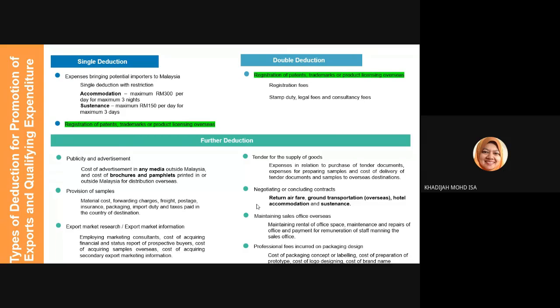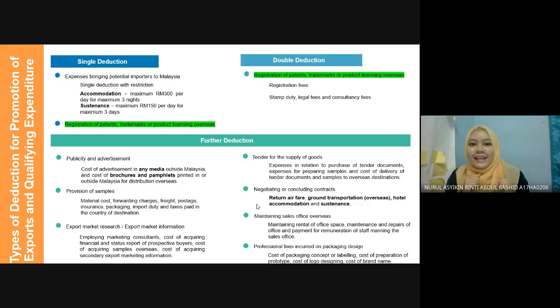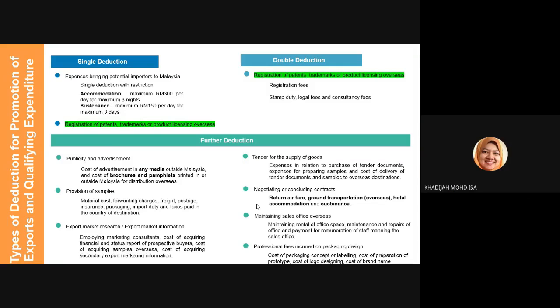But when you say further deduction, it means that it's a second deduction, an additional deduction. Single or double? I think it's double. Right? Yes. So why does it say further? Because all these expenses, yes, double.